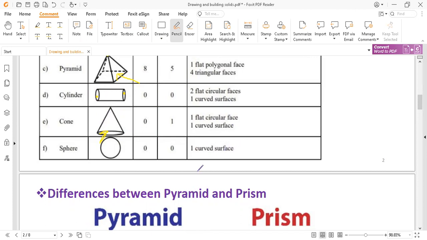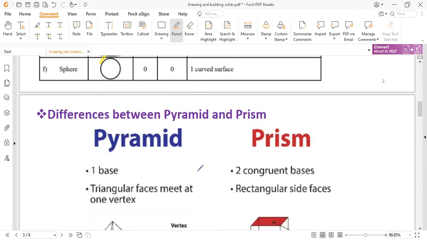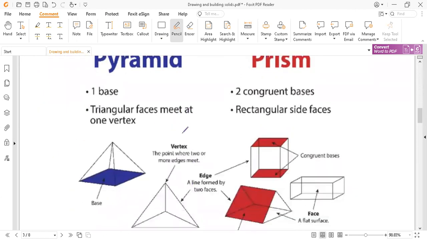Some of you may need to distinguish between a pyramid and a prism. What is the difference? In fact, the triangular faces meet at one vertex in a pyramid.